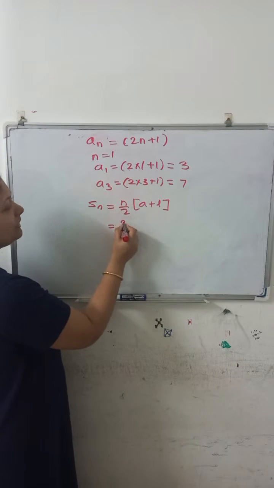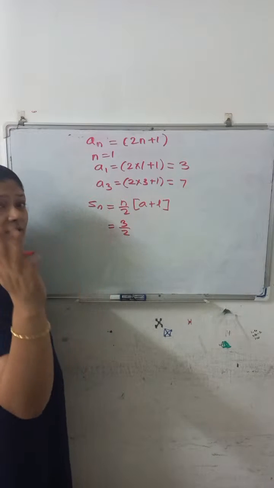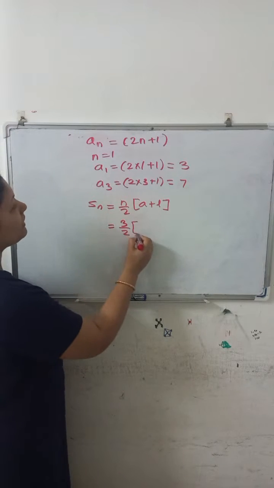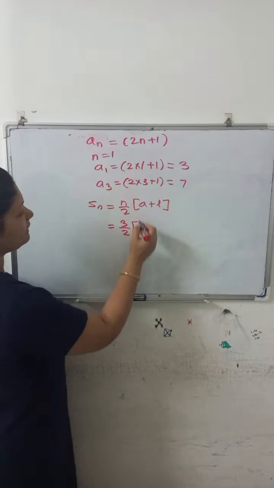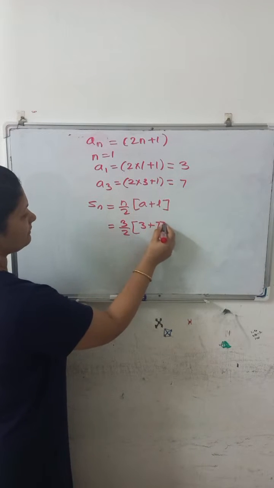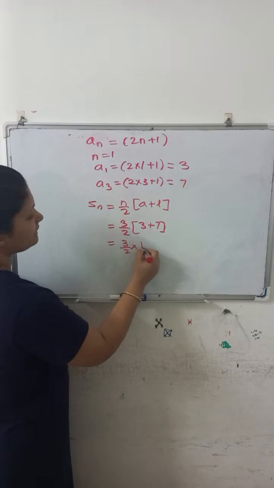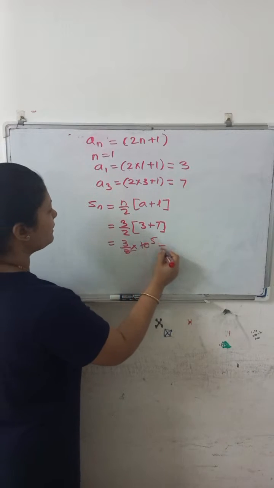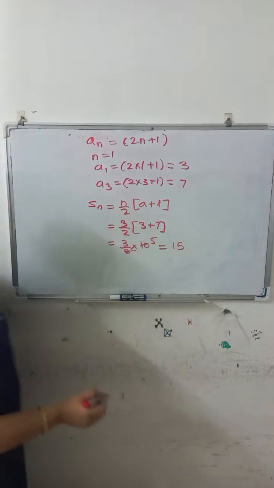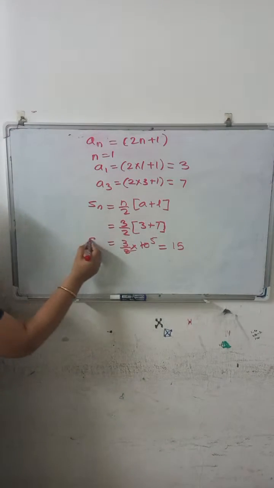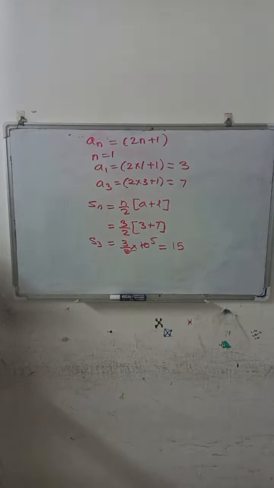So 3 by 2 because they are asking for the first three terms, into 3 plus 7. So 3 by 2 into 10, which is 3 into 5, so the answer is 15. The sum of the first three terms is 15.